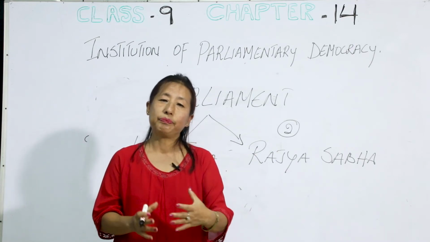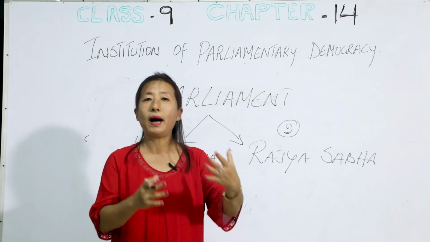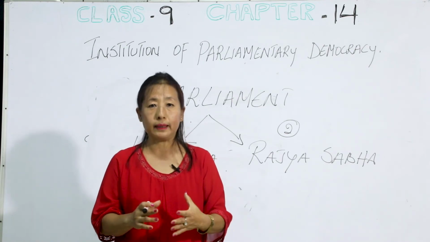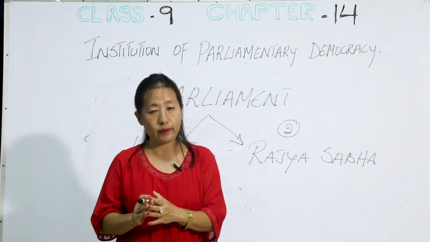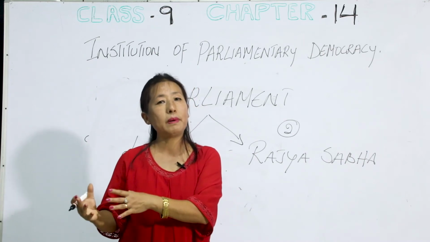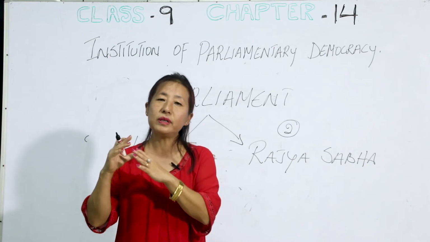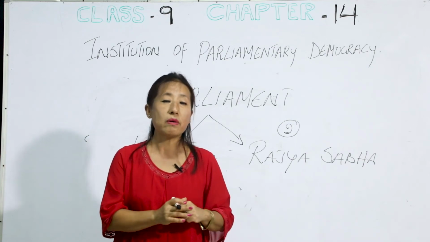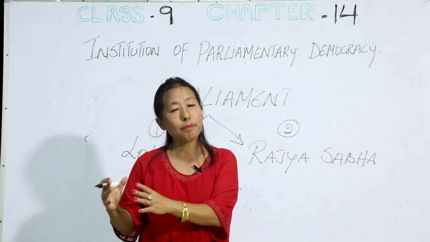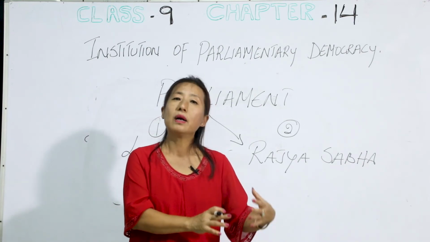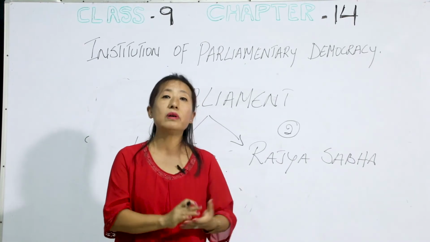Then another reason would be the Lok Sabha. For example, if the Lok Sabha has passed a bill, before it turns into a law, it is called a bill. After they have passed it, it will go to the Rajya Sabha. Now, when the Lok Sabha passes a bill to the Rajya Sabha, they can never refuse it.